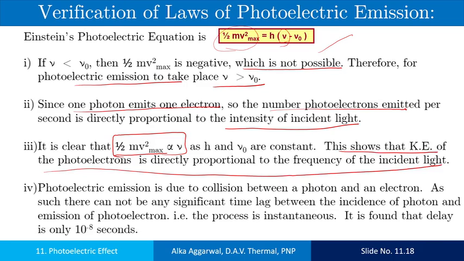Last point, as the photoelectric emission is due to the collision between the photon and the electron, there is no time lag between the incident photon colliding and the electron emitted. So the process is instantaneous process and the delay is only of 10 to the power minus 8 seconds.